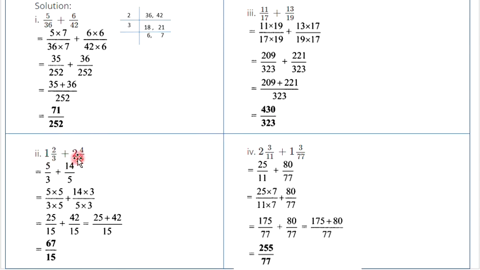Here we have two sums where mixed numbers are given. So these mixed numbers are to be first converted into proper fractions and then equalize the denominators and add. So this is how we solve all the sums of the first question, where you are carrying out addition in each case.